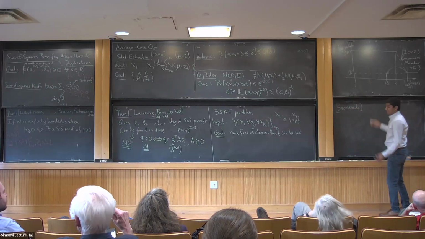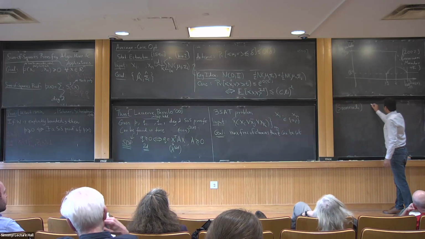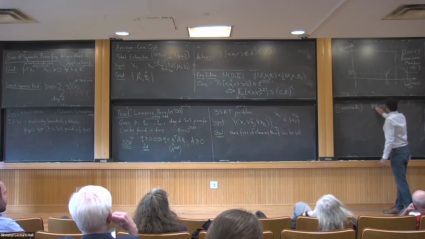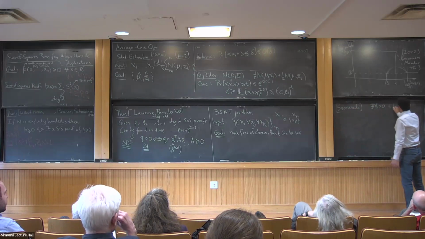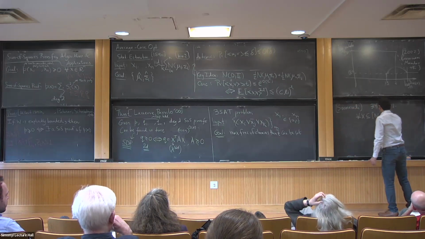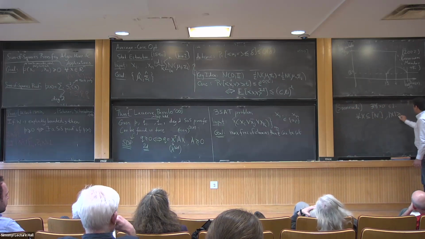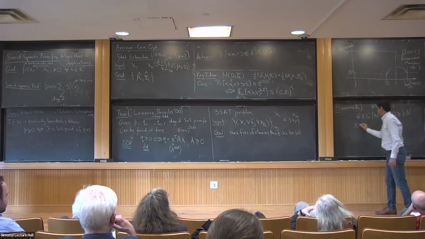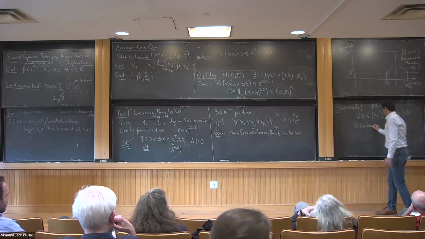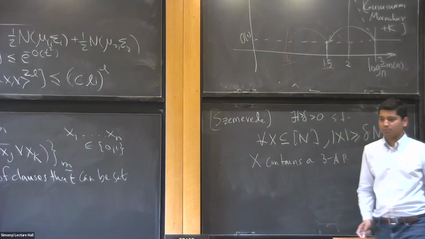Let's say we're looking at 3APs. What he proved is that there exists a delta strictly less than 1 such that for all subsets X of the first n natural numbers, as long as X has at least delta n elements, X contains a 3AP, a 3-term arithmetic progression.